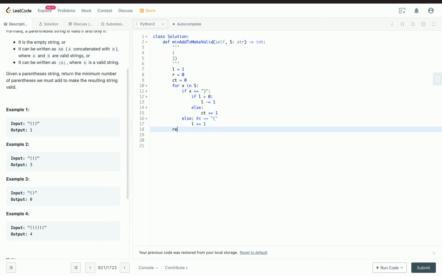And in the end, we output the left parenthesis count and the count. So let's go through some examples.